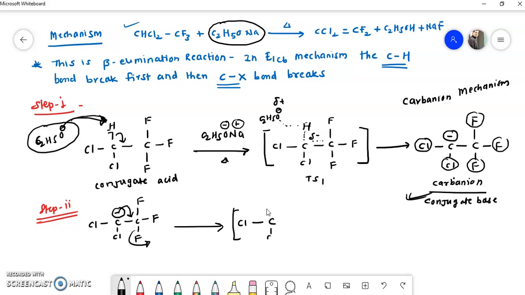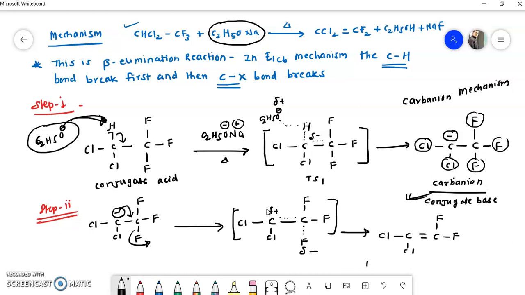So C, Cl, here is a dotted bond forming. Here also two fluorine atoms stay as they are, and one fluorine atom is going, that's why dotted F. So this will carry a partial negative charge, and here this carries a partial positive charge, and finally we get a product that is Cl, C, Cl, double bond C, F, F. So this is the product.